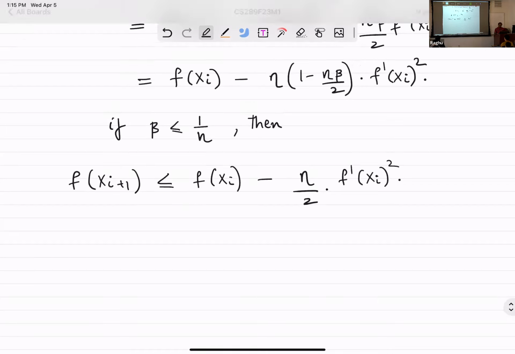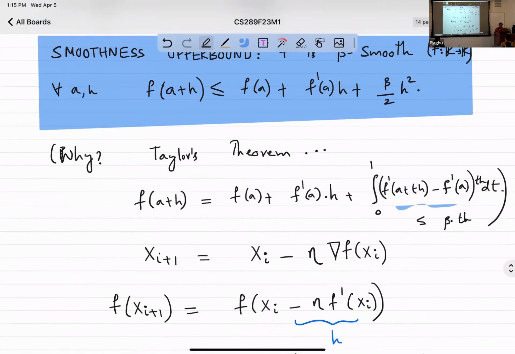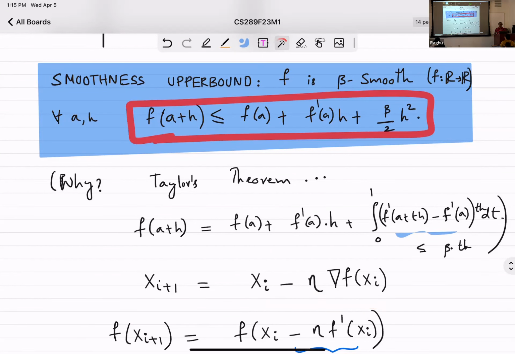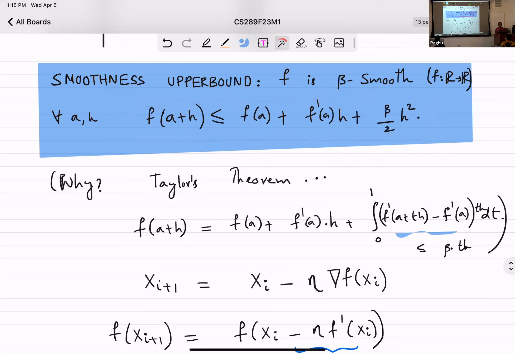All we did is substitute the equation for the gradient update into this. Any questions?